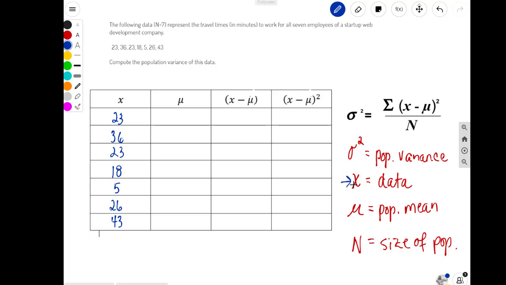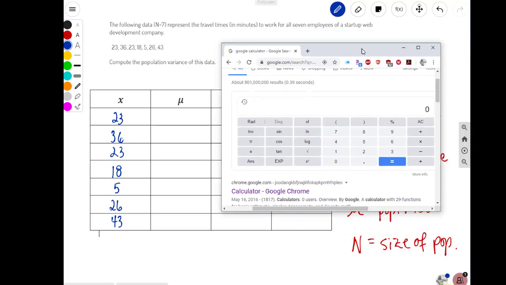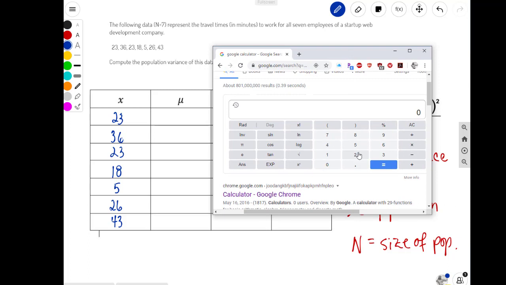Now I'm going to compute the population mean, and I can do that using my Google Calculator. So here's my Google Calculator. I'm going to do 23 plus 36 plus 23 plus 18 plus 5 plus 26 plus 43 equals, and then I'm going to go ahead and divide by 7. Divided by 7 equals.